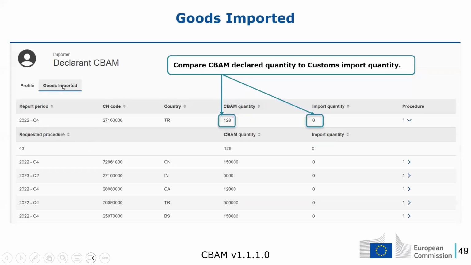Here is the comparison, the goods imported. You can see that the view is organized per reporting period. We can see the CN code, the country of origin, the CBAM quantity declared for the specific CN code, and the quantity from the customs import declarations.